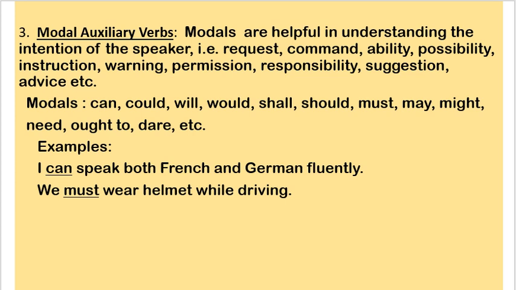Here one more thing we need to remember is that the word can shows present tense, could is used for past tense. So when you learn modals, we'll also come to know how we can use these modals for present, past or future.